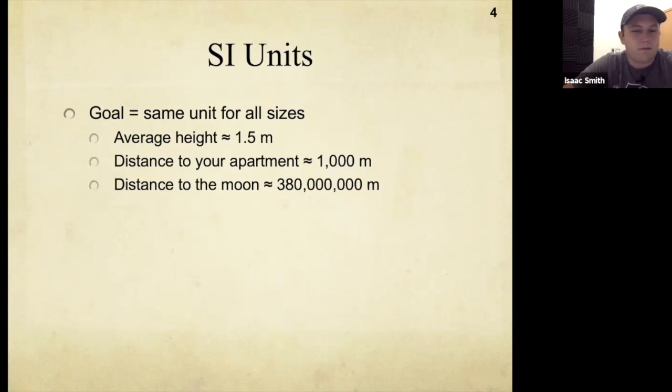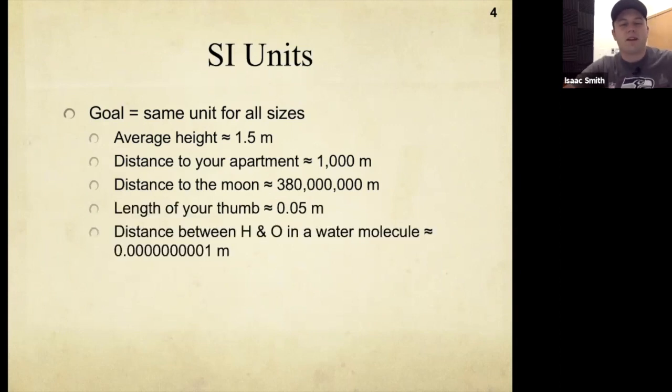If you were talking about the distance from here to your apartment, 1,000 meters, distance to the moon, 380 million meters, right? The length of your thumb, 0.05 meters. Distance between hydrogen and oxygen in a water molecule, I don't have that off the top of my head, but a lot of zeros.